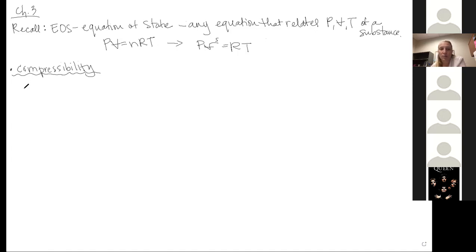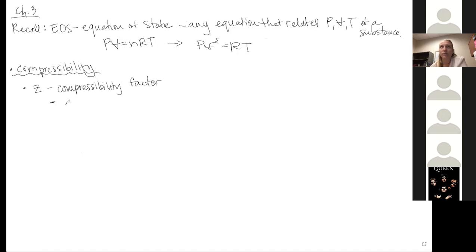So we use this compressibility with the letter Z, and Z represents the compressibility factor. So remember from Monday, X is quality, so how much of the mass total is vapor. We also use this term throughout the chapter Z, which is a compressibility factor.